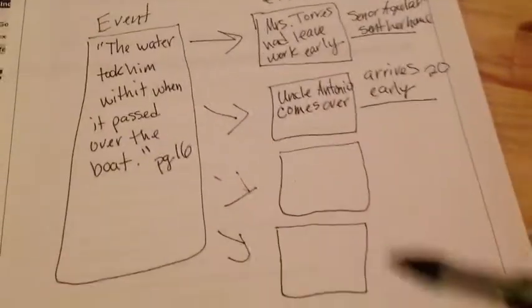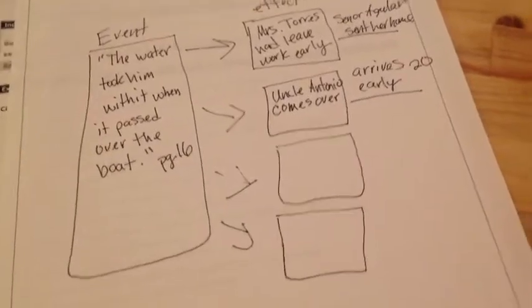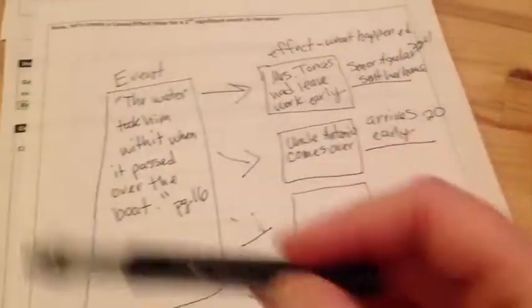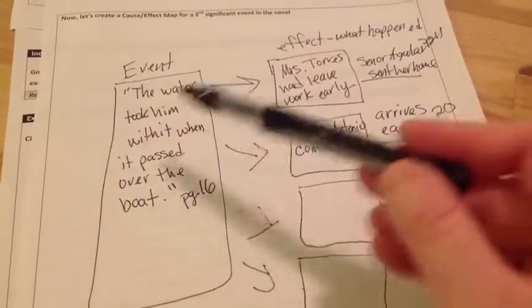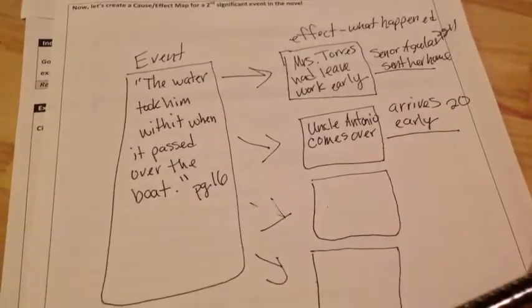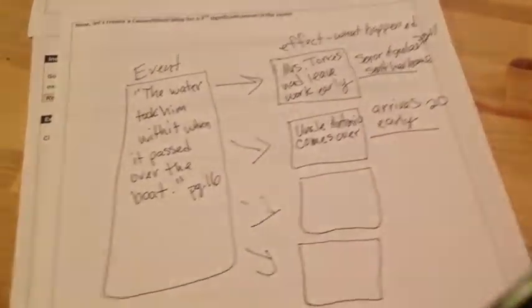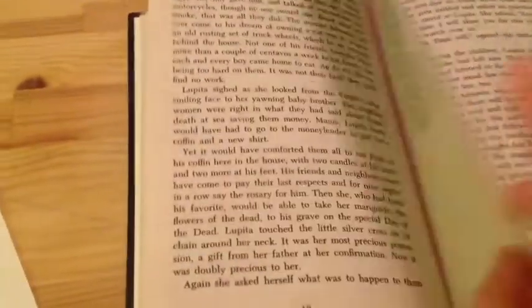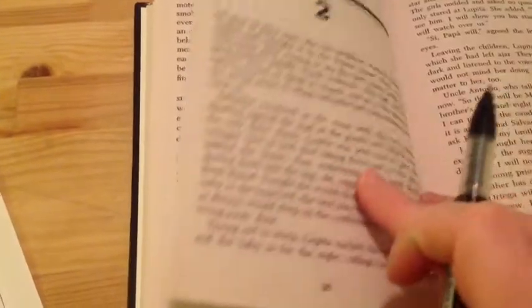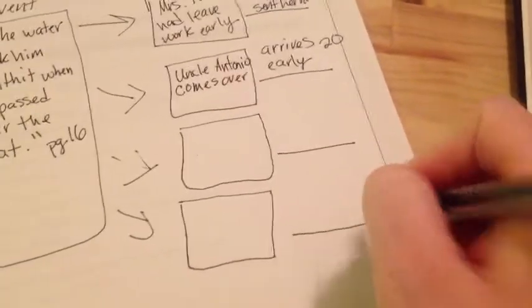Okay. Go ahead and come up with 2 more effects of Mr. Torres being taken into the water. Okay, think about some of the things that we read today in chapter 2. What are some things that happened? Or go back to chapter 1 and look for some things that happened. Okay, so I need 2 effects, and then also you should come up with an example of that effect and quote the page number.